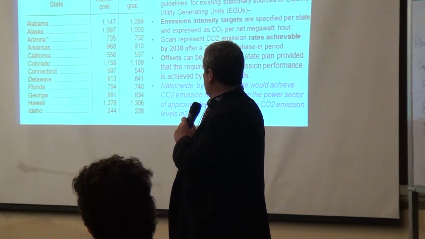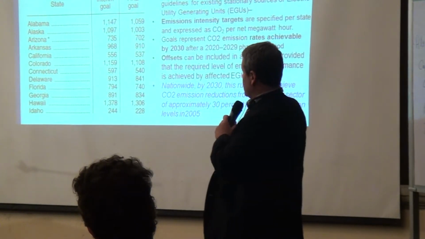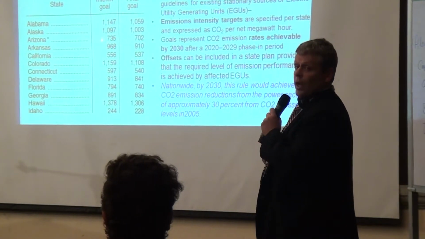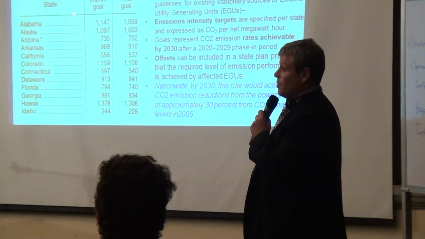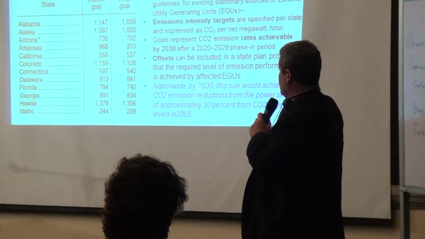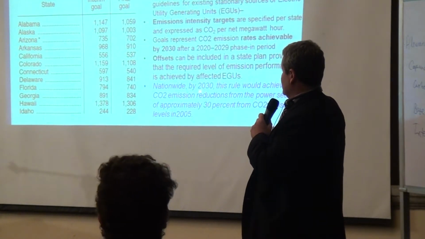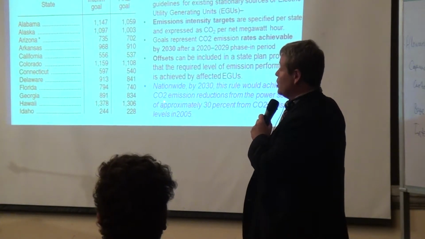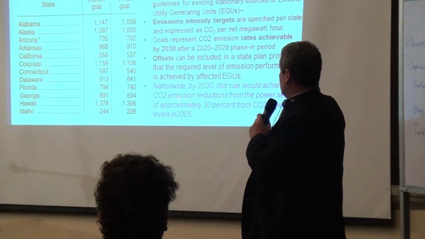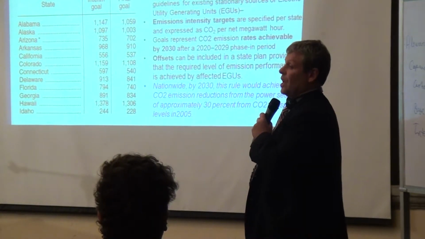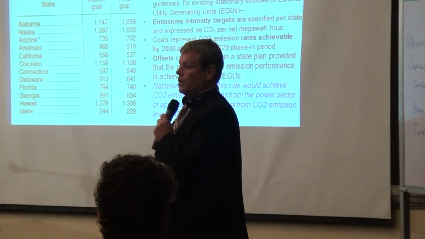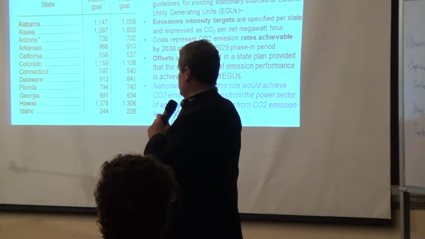And the idea behind this is that states are set an energy intensity goal that they have to reach by 2030. Now, the analysis says nationwide by 2030, this rule would reduce CO2 emissions from the power sector by approximately 30% over 2005 levels. So that's a pretty significant change in the behaviour of growing emissions in the US.